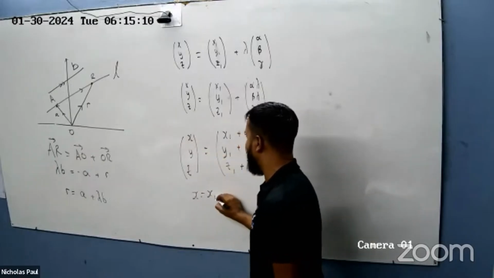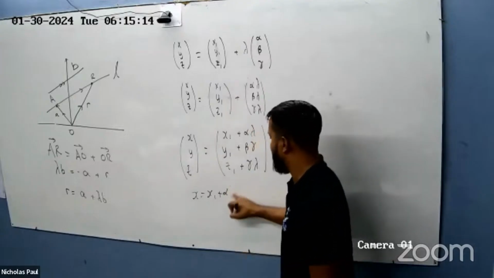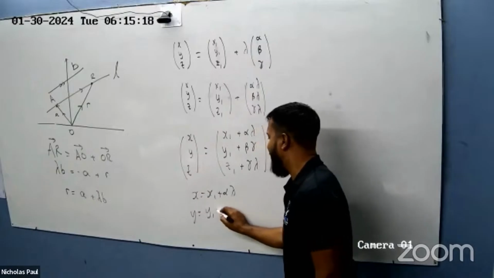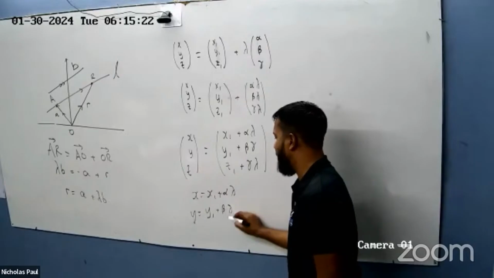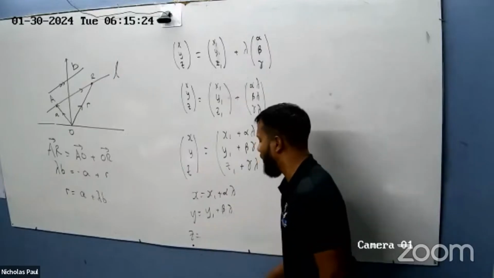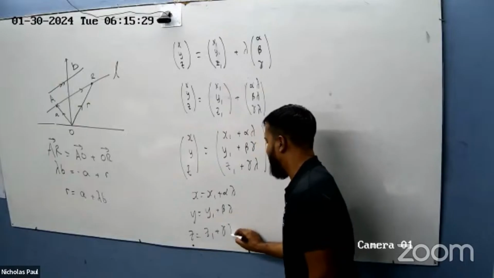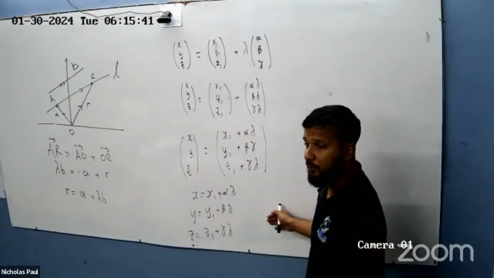So X is equal to X1 plus alpha lambda, Y is equal to Y1 plus beta lambda, Z is equal to Z1 plus gamma lambda. Okay with this?